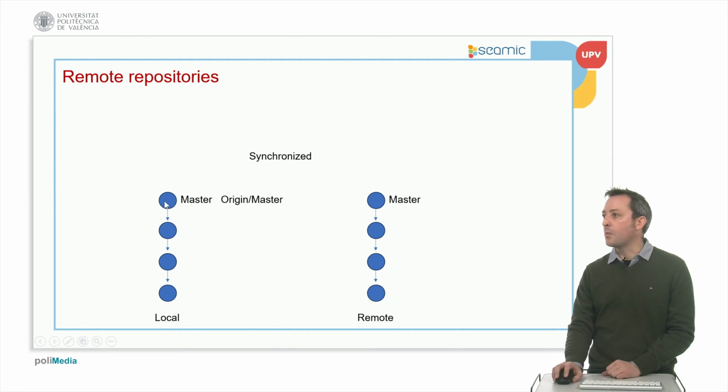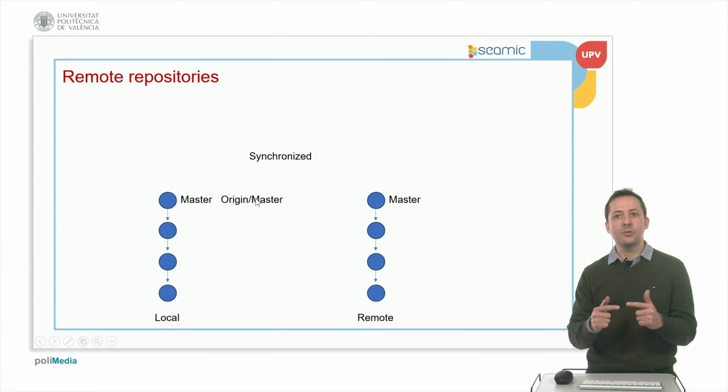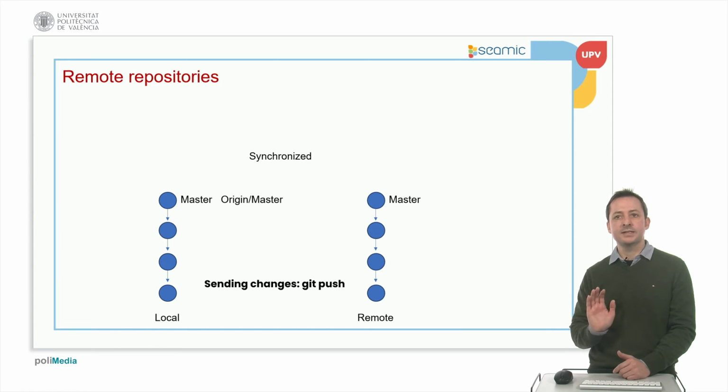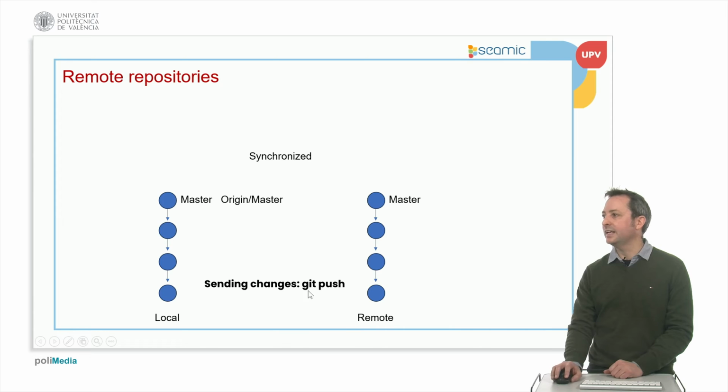This is a local branch that represents the commit of our last communication with the remote. So basically this says, well, the last time we talked to the remote, master was at this point. This sending operation is carried out by the git push command.